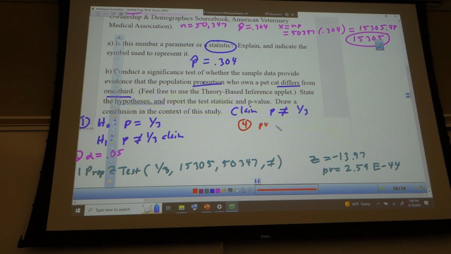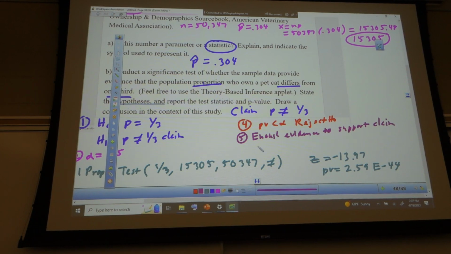My p-value is way less than alpha, so I'm totally going to reject H naught, which means there is enough evidence to support the claim that not 1/3 of households are pet owners, cat owners.